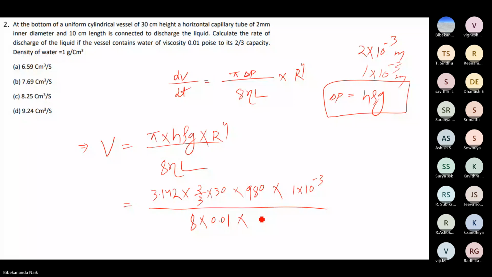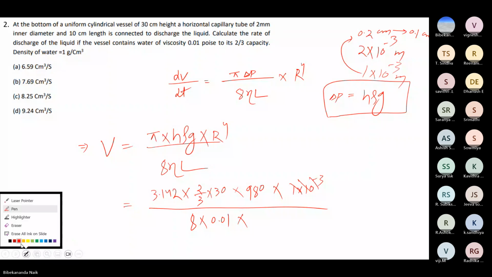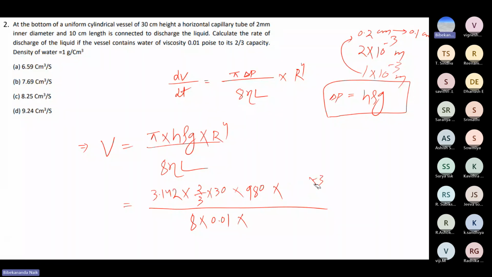Sorry, since we are doing it in centimeters, the 2 mm, if you convert it to centimeter, will be 0.2 centimeter. So the radius will be 0.1 centimeter, and 0.1 to the power 4.